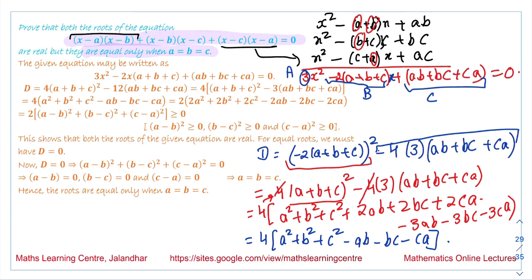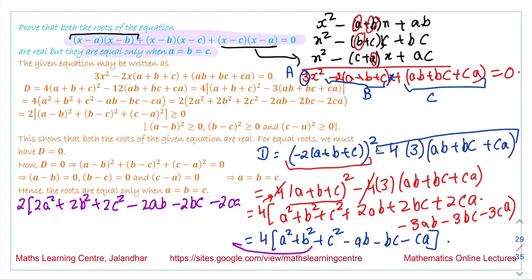Now we can write this term in the form, if you multiply 2 inside, it becomes 2 times (2a square plus 2b square plus 2c square minus 2ab minus 2bc minus 2ca).